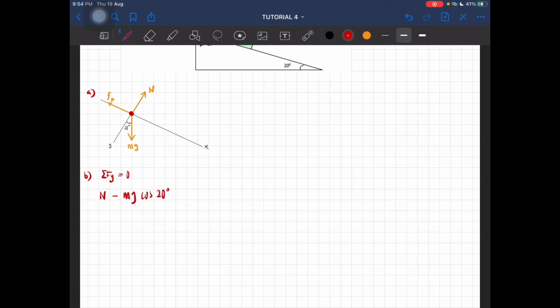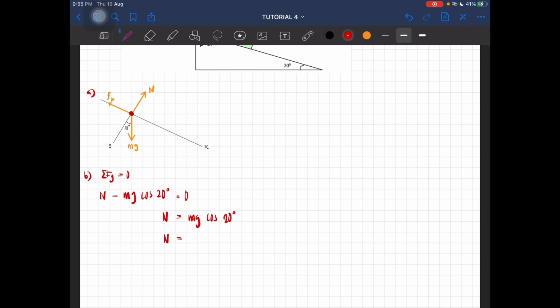That's all. So they equal to 0. So now we can find n to be equal to mg cos 20 degree.